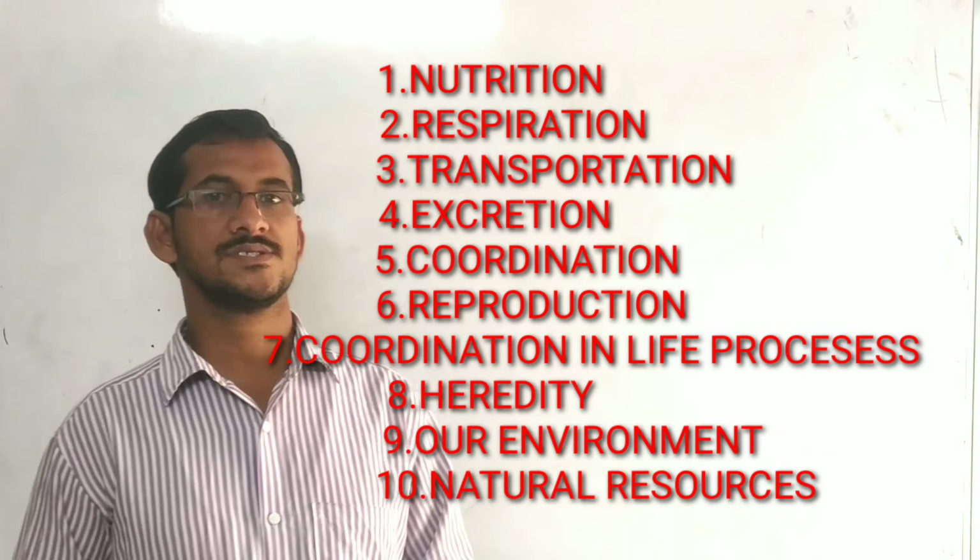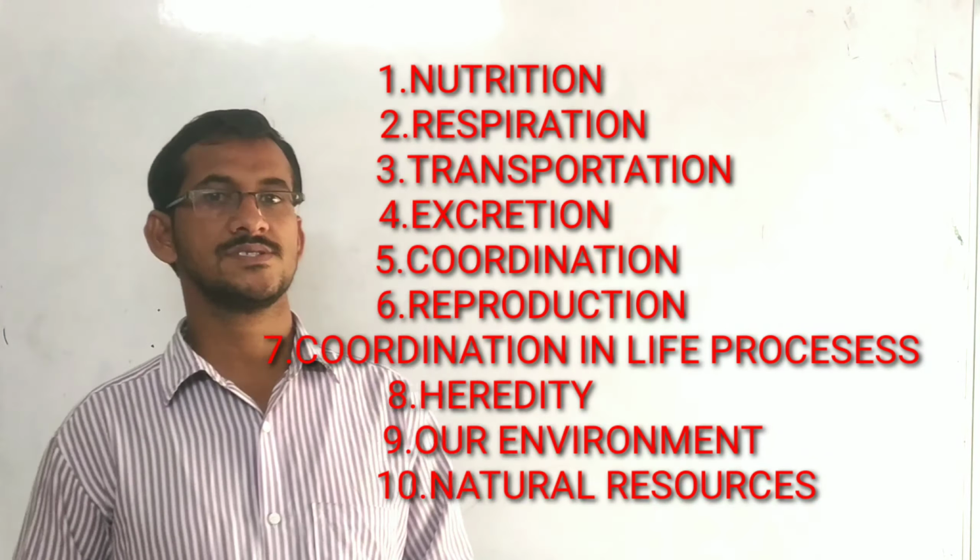The first chapter experiments: how can you prove presence of starch in leaves? That is one experiment. The second one is, how can you prove that carbon dioxide is necessary for photosynthesis, or we can say Moll's half-leaf experiment.